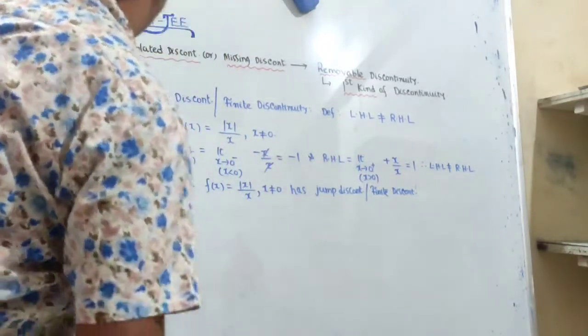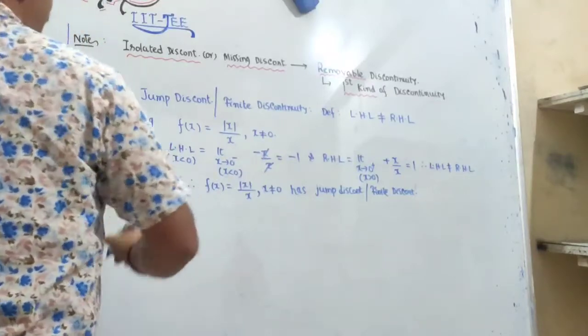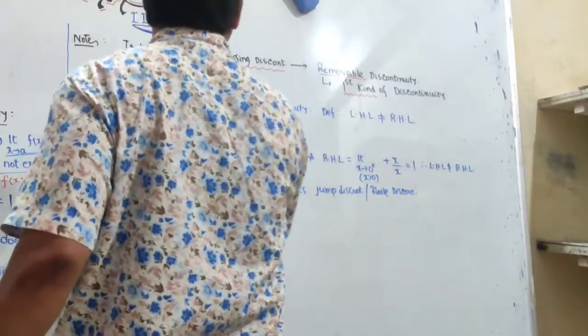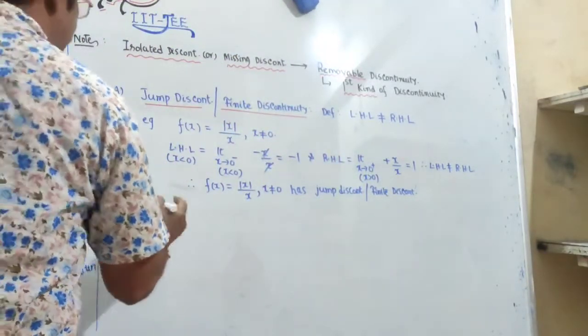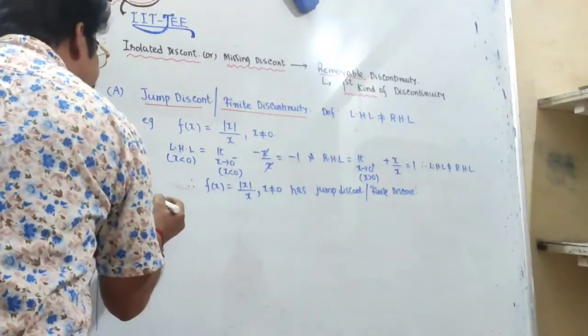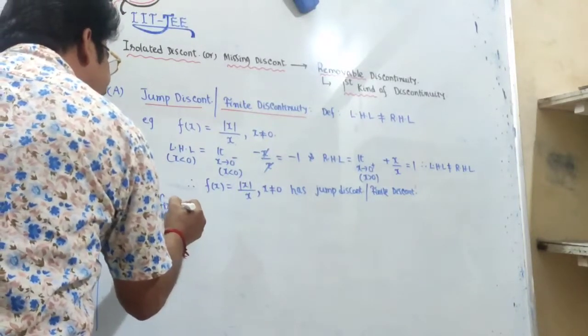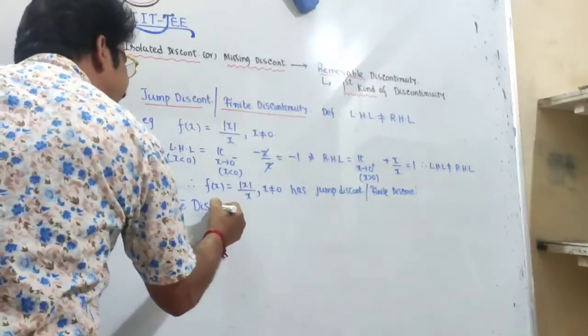Next, number 2, capital B. So jump, or finite, is over. Next is infinite discontinuity.